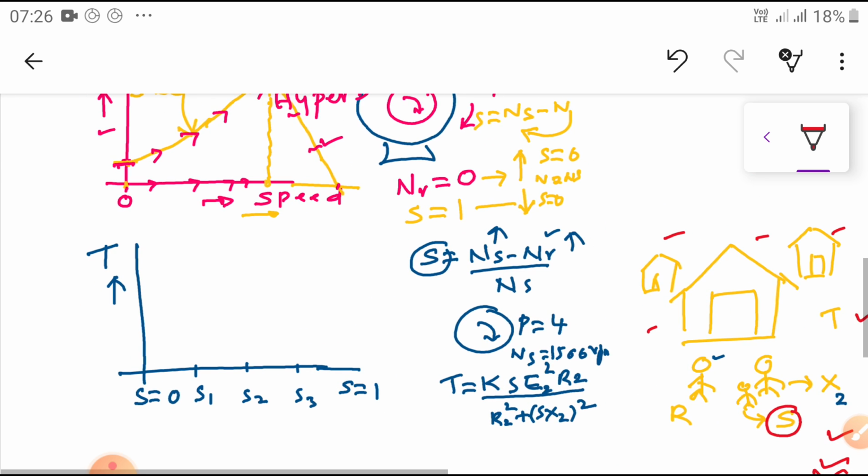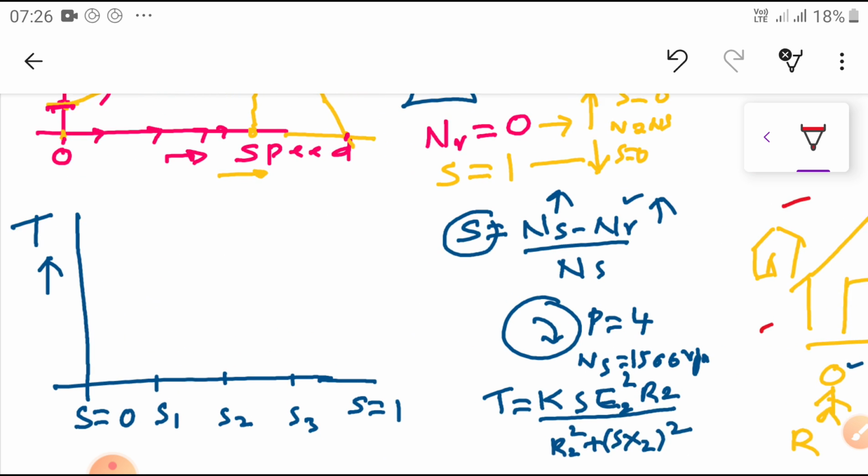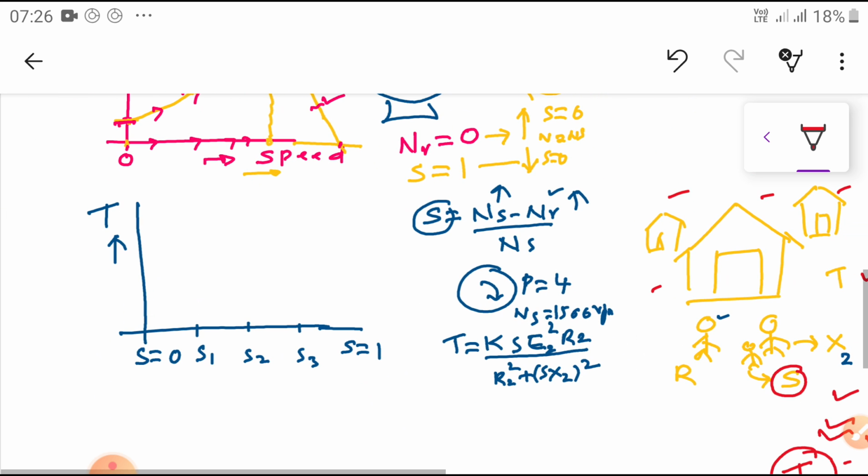Okay, now let us summarize it. Initially, at S equal to 0, what is the condition? First case: S is equal to 0.